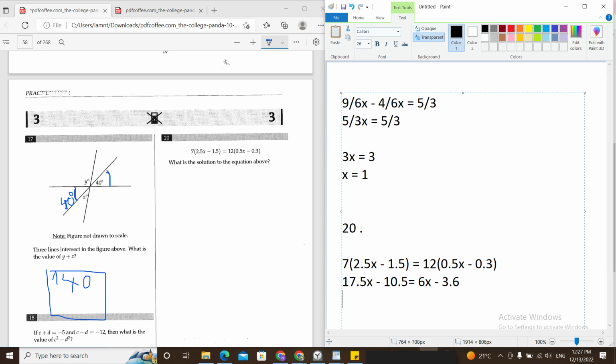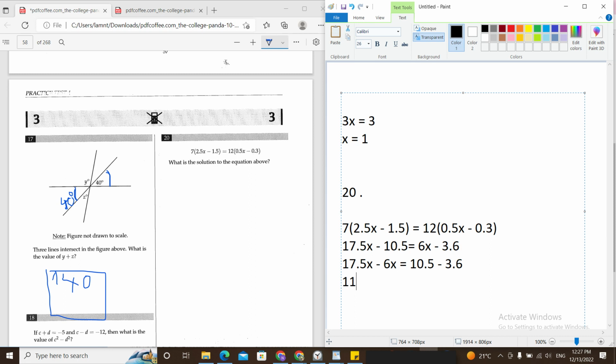So we can put x on one side and numbers on the other side. So 17.5x minus 6x is equal to 10.5 minus 3.6. So here we're going to get 11.5x equal to 9.